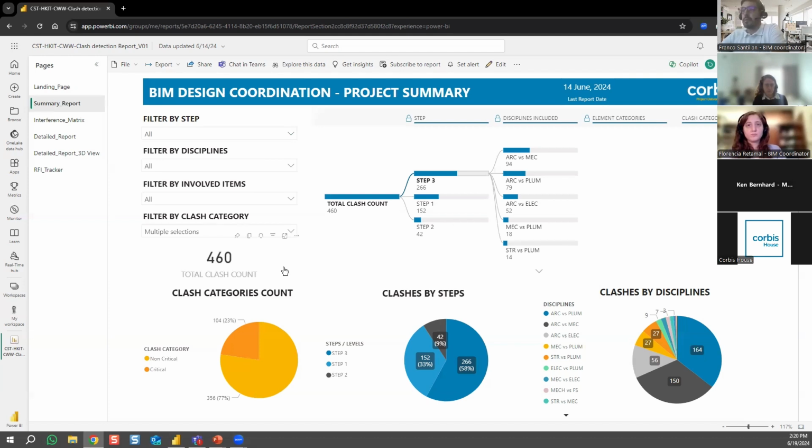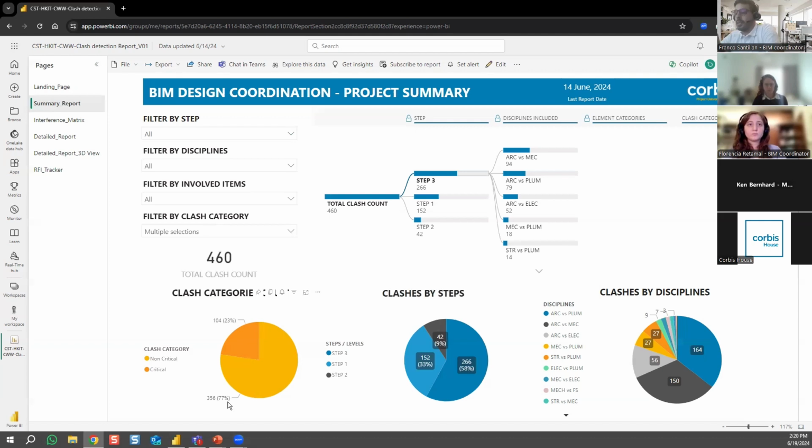Below, you can see that some graphs are placed to classify and group the different clashes into different categories or criteria. From the total count of clashes, we recognize 33% of the total as critical ones, and the others as non-critical.